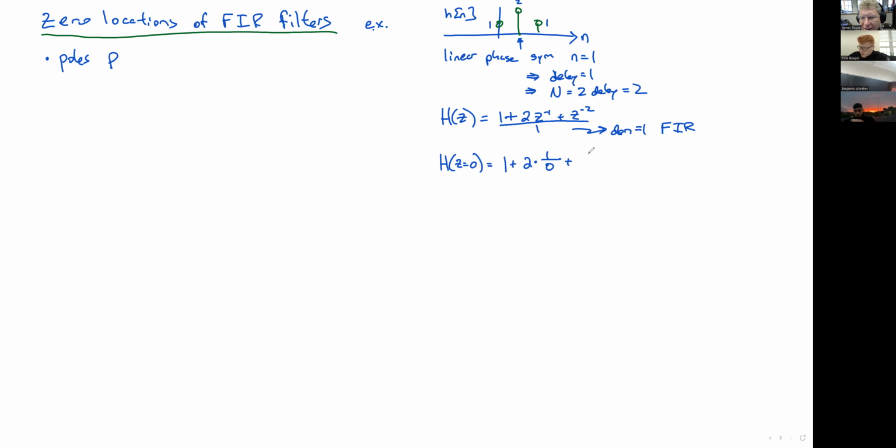No, I understand your question. You got it? Yeah. So at z equals 0, it blows up. So what Raj said is almost 100% right. There are no poles in an FIR filter except at z equals 0.